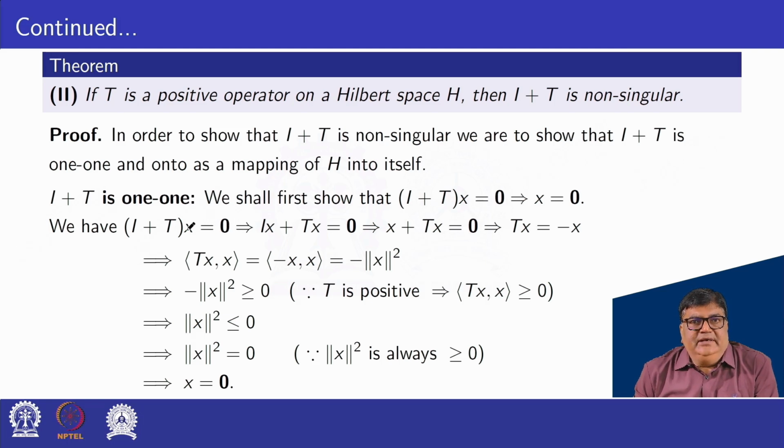This implies Ix plus Tx equal to 0, that is x plus Tx is equal to 0. This implies that Tx is equal to minus x. So this implies that the inner product of Tx, x equals the inner product of minus x, x.